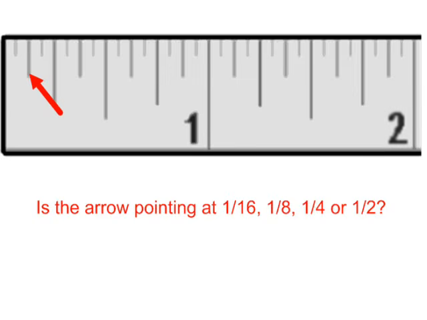Okay. So what's the arrow pointing at here? Well, that's a 1/2 inch. What is it pointing at here? This would be an 1/8 of an inch, or one of your 1/8 measurements. This is the 16th.